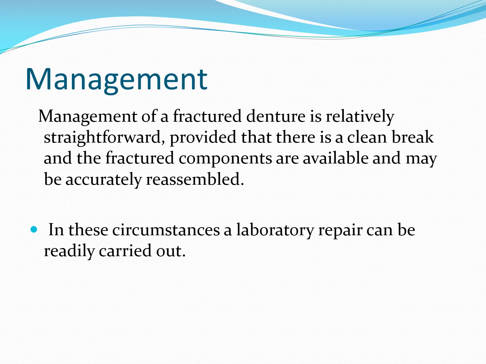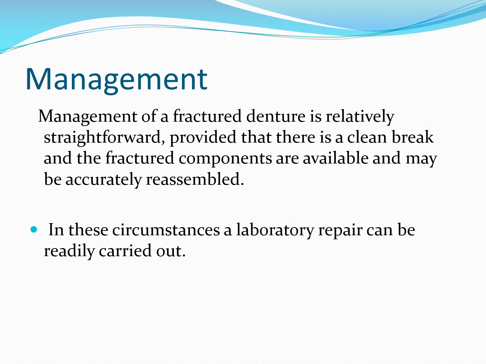Management of a fractured denture is relatively straightforward, provided that there is a clean break and the fractured components are available and may be accurately reassembled. This is very important: when you are preparing the fractured components for repair, they should coincide. The fracture line or fractured border should coincide with each other.